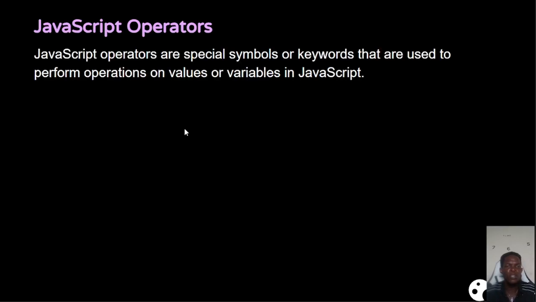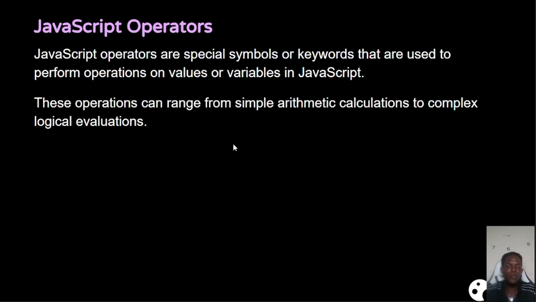So operators in JavaScript are simply special symbols or keywords that are used to perform operations on variables and values in JavaScript. So when we talk of operators, you see them as special symbols and keywords. We'll see examples of it.